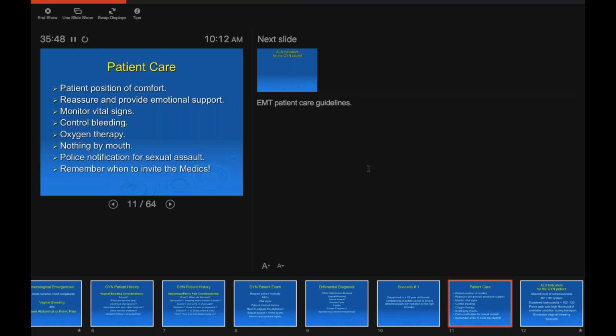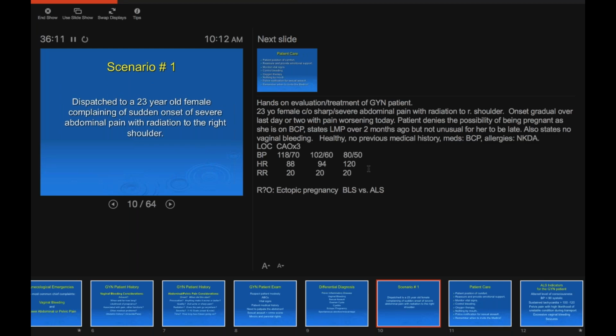Anything else from you guys? Not patient care so much as what is our working diagnosis at this point?